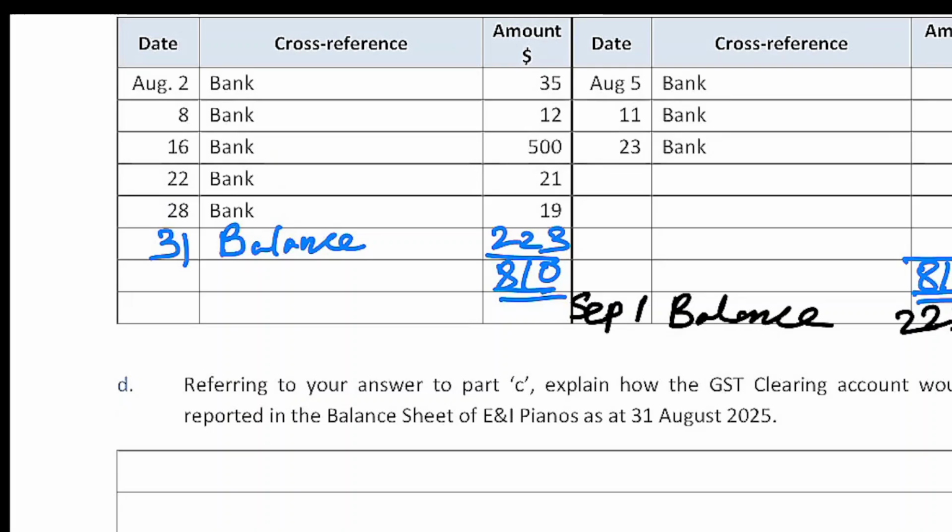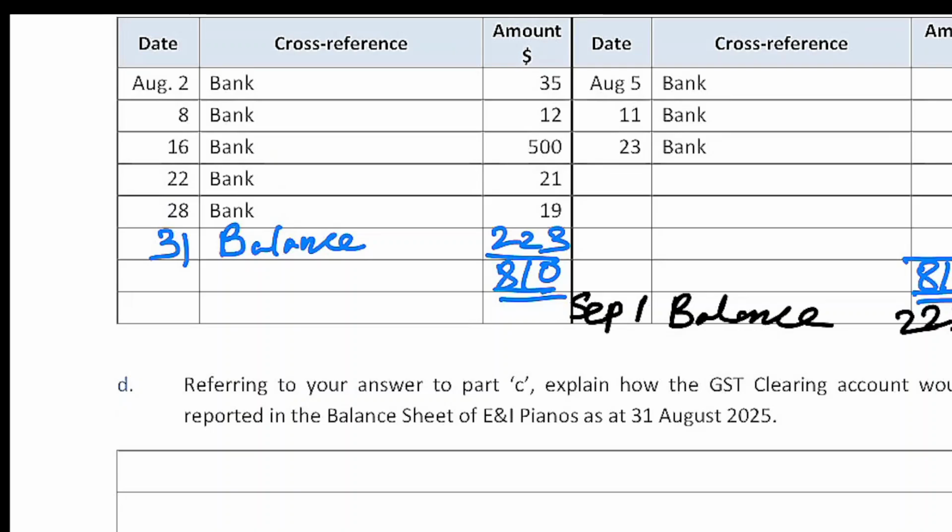Sales, okay. Sales only? I'll tell you. Within brackets: GST collected more than the GST paid. Close brackets.